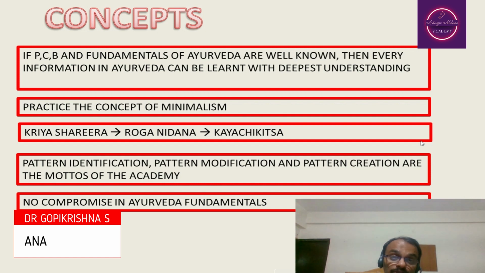Simple warm water consumption actually reduces the pitta dosha in the body from the alimentary canal. So this is how pattern identification, pattern modification, and pattern creation are considered to be the essential motto of the Acharya Nidana Academy.